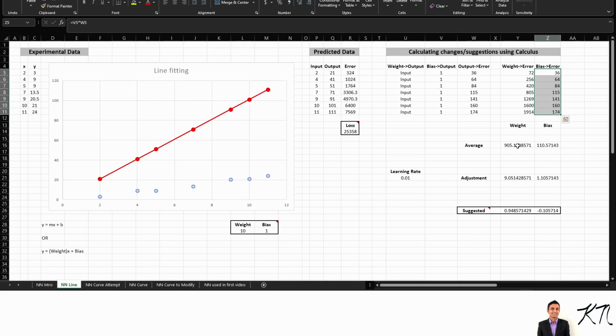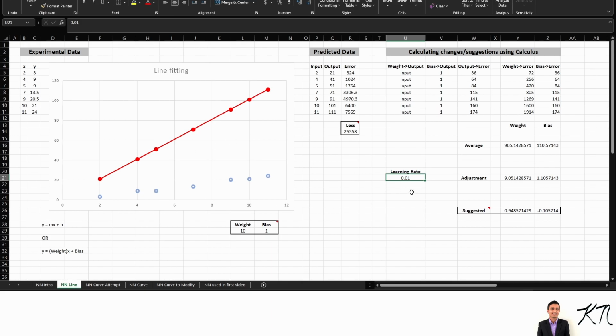And then we have a learning rate. What we don't want to do is use this straight away to change our weights and biases. We kind of have to temper it down. It's called a learning rate, and there's a lot of science around what is the best learning rate for a given problem.